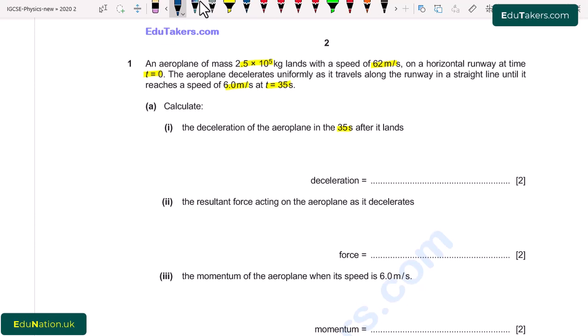So in the given data, we can see that at t = 0, speed is 62 meters per second. When time reaches 35 seconds, speed comes to be 6.0 meters per second.